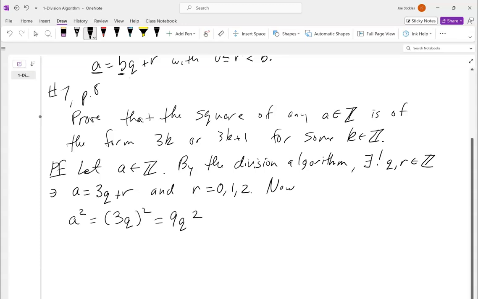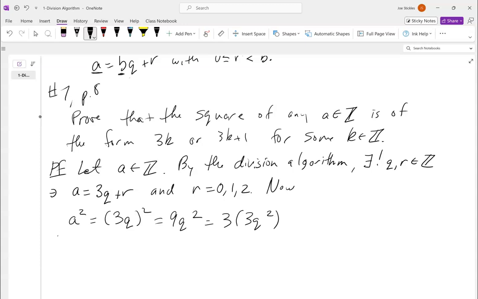But remember, what form are we trying to show that A squared has? It needs to be 3 times something, right? So how do I need to rewrite this so that I have 3 times something? Yep, good. 3 times 3Q squared. Now again, it says that K has to be an integer. Is 3Q squared an integer?